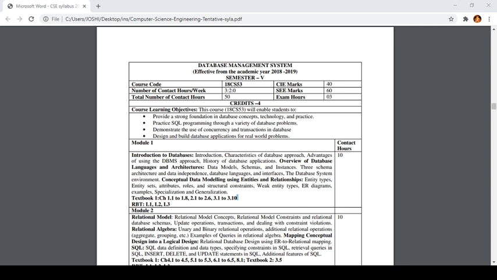For example, data may be a name, telephone number, the address of people, or the student name also. So data can be defined as a real world entity which can be recorded anywhere. It may be in a book or storage device or anywhere. So this is data, and a database is a collection of related data.